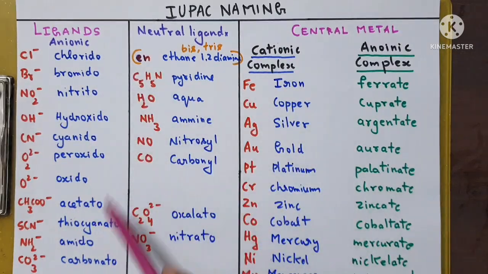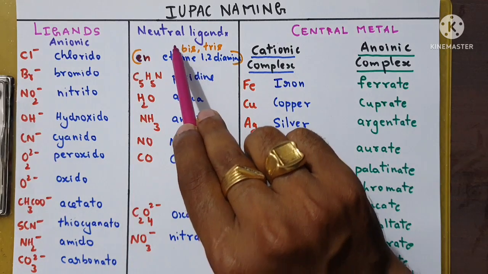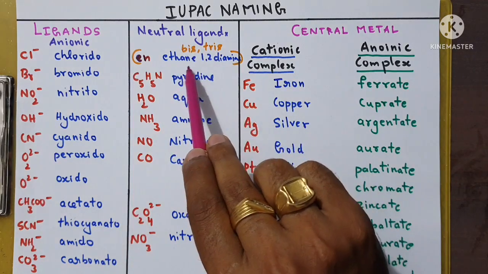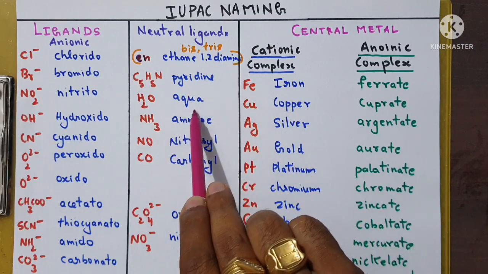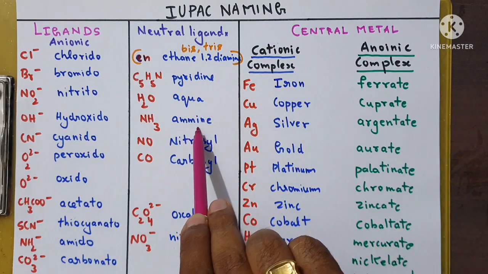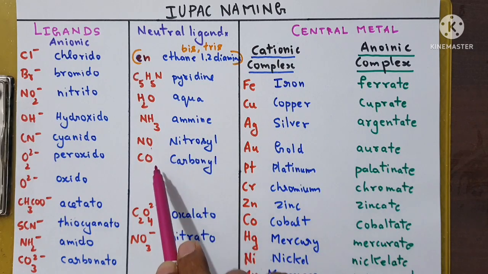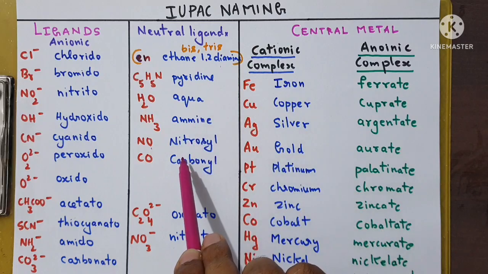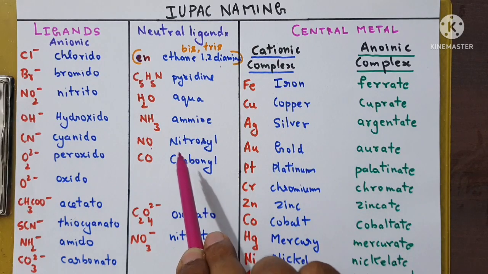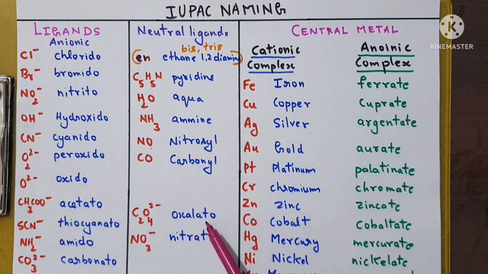These all are anionic ligands. You can also observe here neutral ligands, that is ethane-1,2-diamine, pyridine, H2O, that is aqua, amine NH3, nitrosyl and carbonyl. All these have a 0 charge. And here there are two more which have a charge, that is oxalato and nitrato.